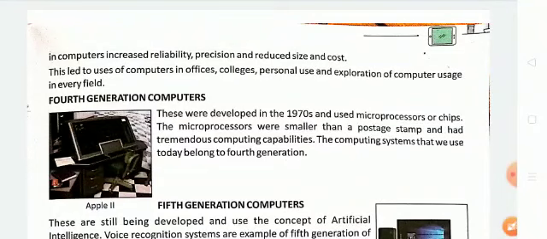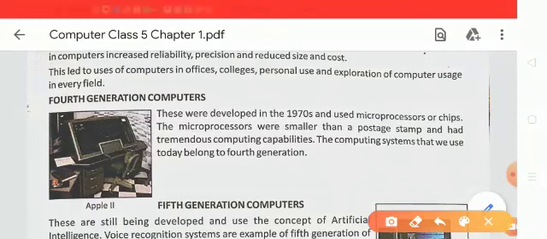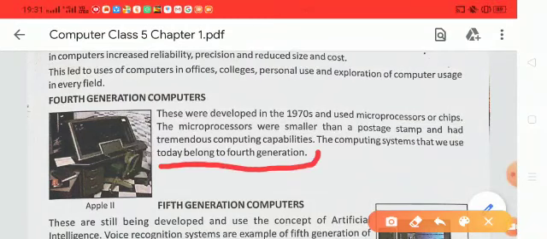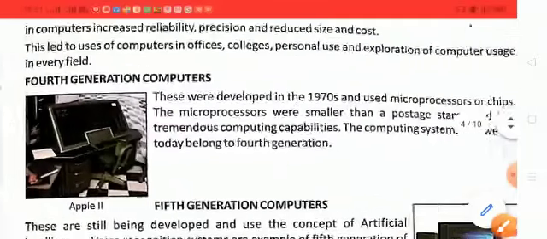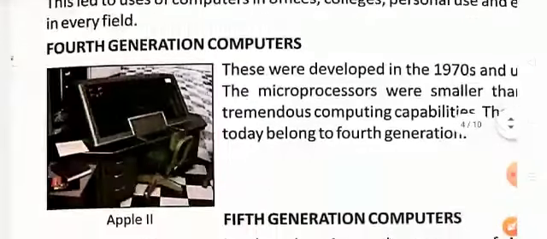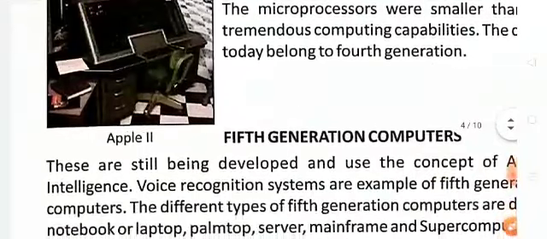The computing systems that we use today belong to fourth generation computers. Okay, look at this picture. This is a fourth generation computer, Apple II.